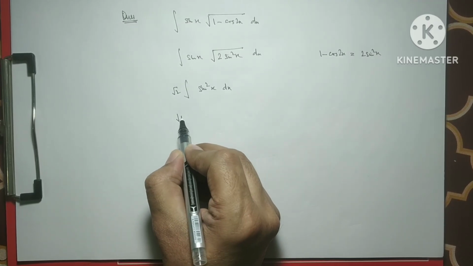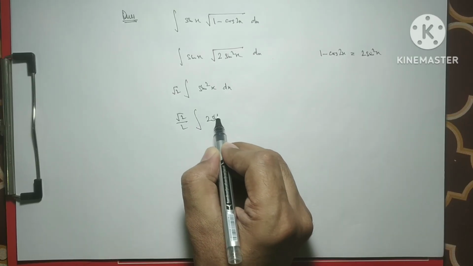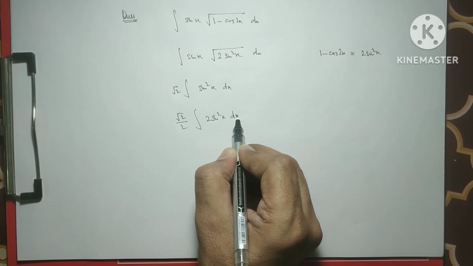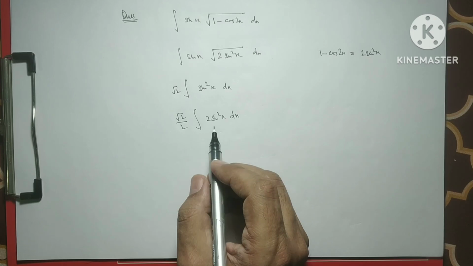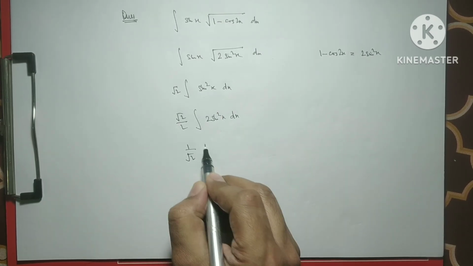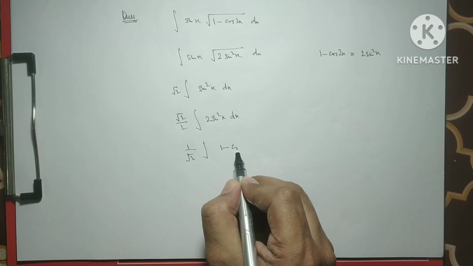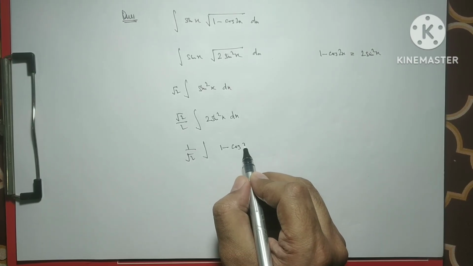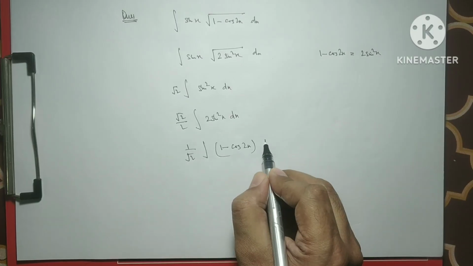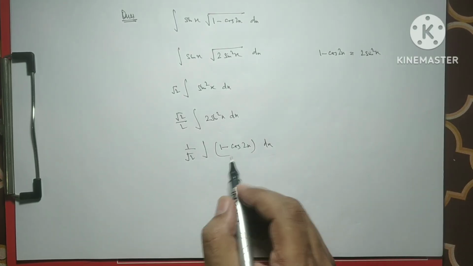Now we will multiply and divide by 2. As we have discussed earlier, for the integration of sin square x, we try to convert this in terms of cos 2x formula. So 1 minus cos 2x is 2 sin square x.